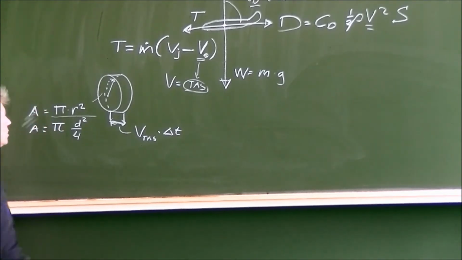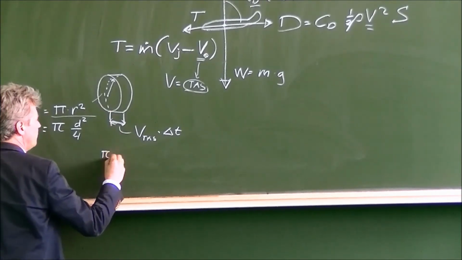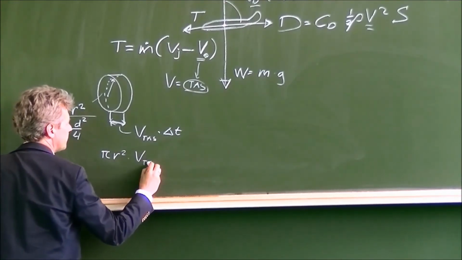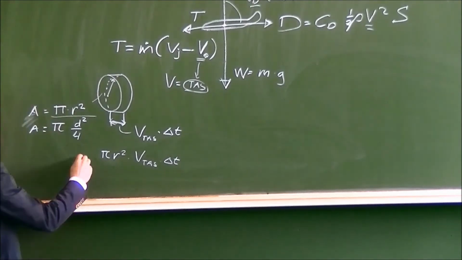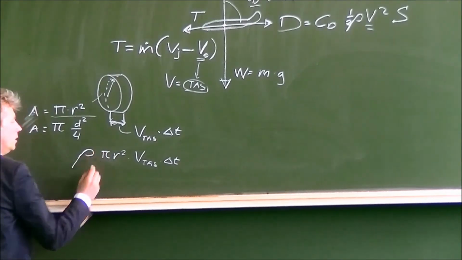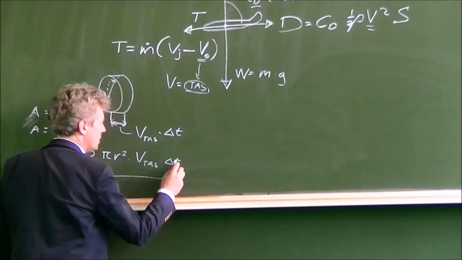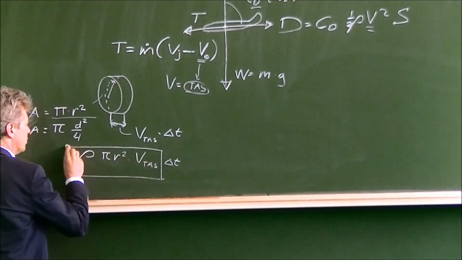One of them you can use, and then the total volume is given by this area, so pi r squared times v times delta T. And this is a volume. If we multiply this by the local density of the atmosphere, we have basically the mass flow in a certain time delta T, or per second.